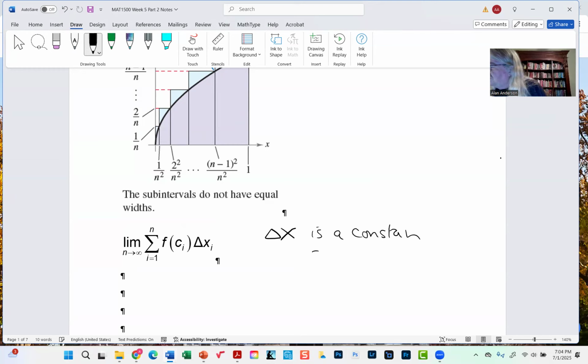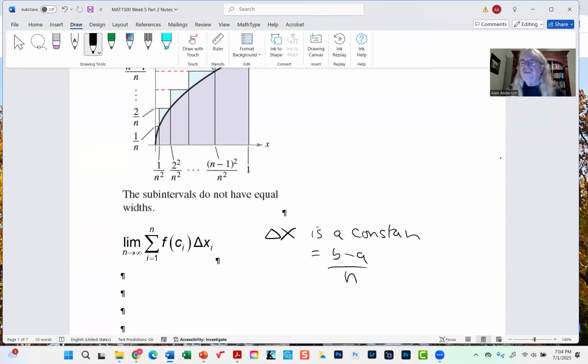You might remember that it was b minus a over n when we're assuming it's the same base for every rectangle. But now all of a sudden it can be different, and the way we indicate that is with this index i. It's keeping track of the number of rectangles; i is the rectangle that we're looking at, and it ranges from 1 to n.